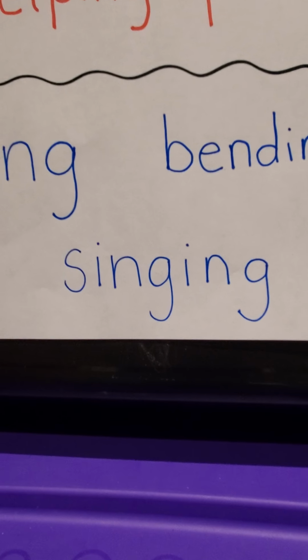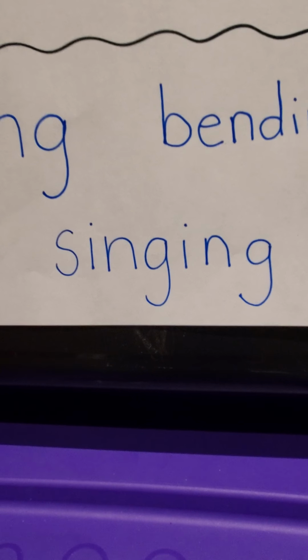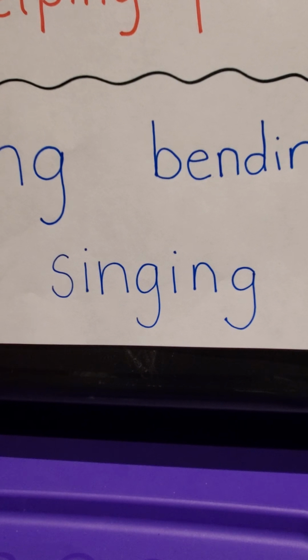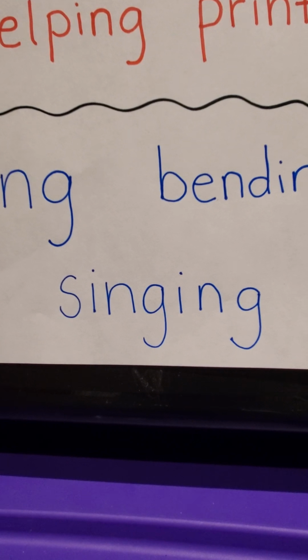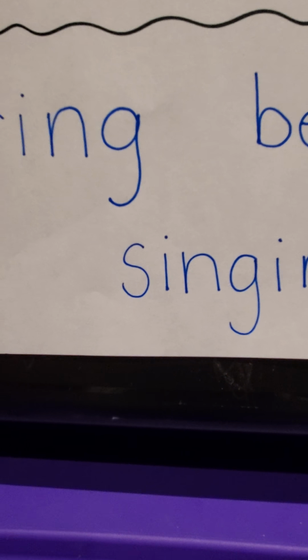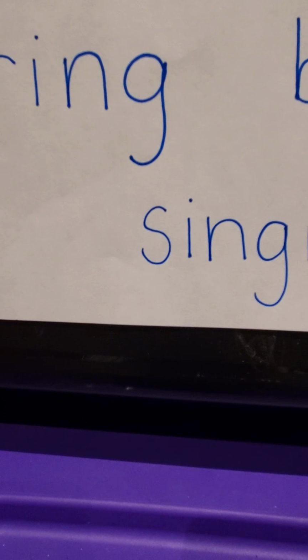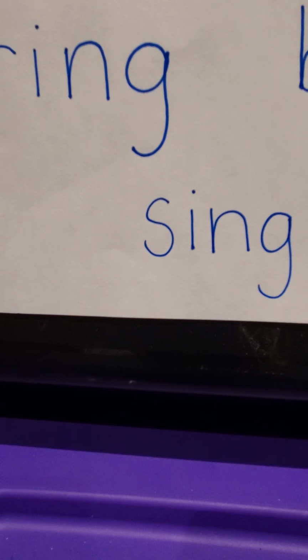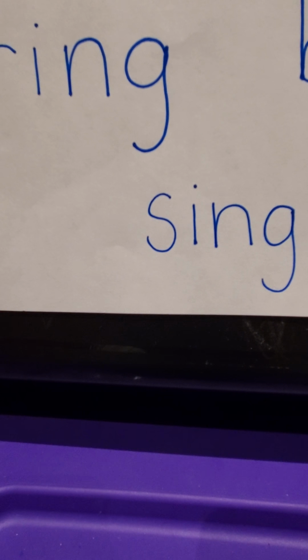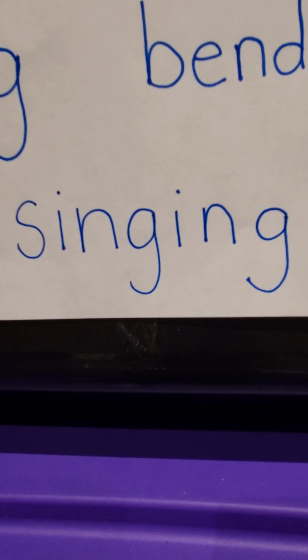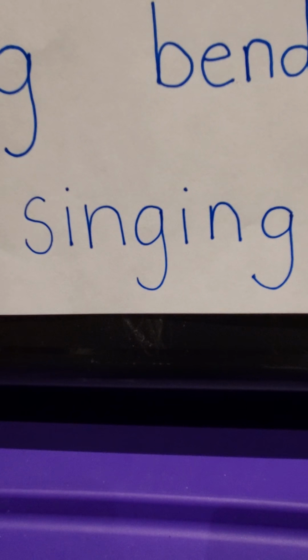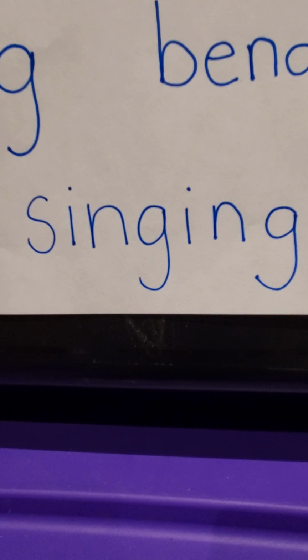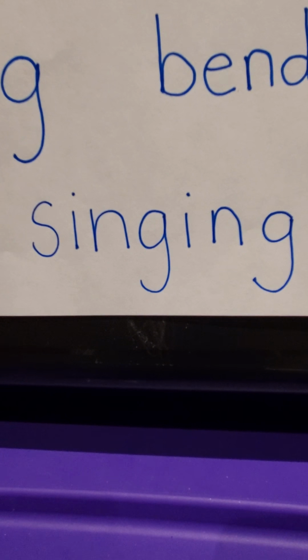Then there's this kind down here. This word, or words like these, can be a little tricky because the base word is sing. So the ing in sing is part of the word. But then when you add ing, now you have the ending ing with a base word that already has ing.